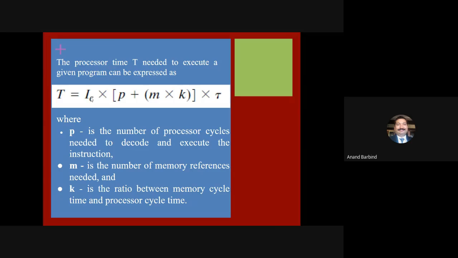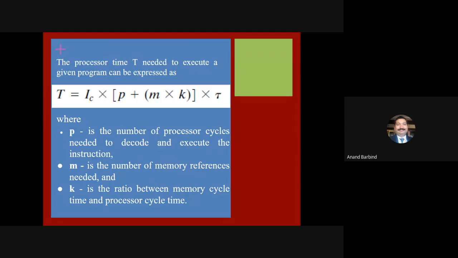IC is the overall, total number of instructions in that particular program. Then p is the number of processor cycles needed to decode and execute the instruction.